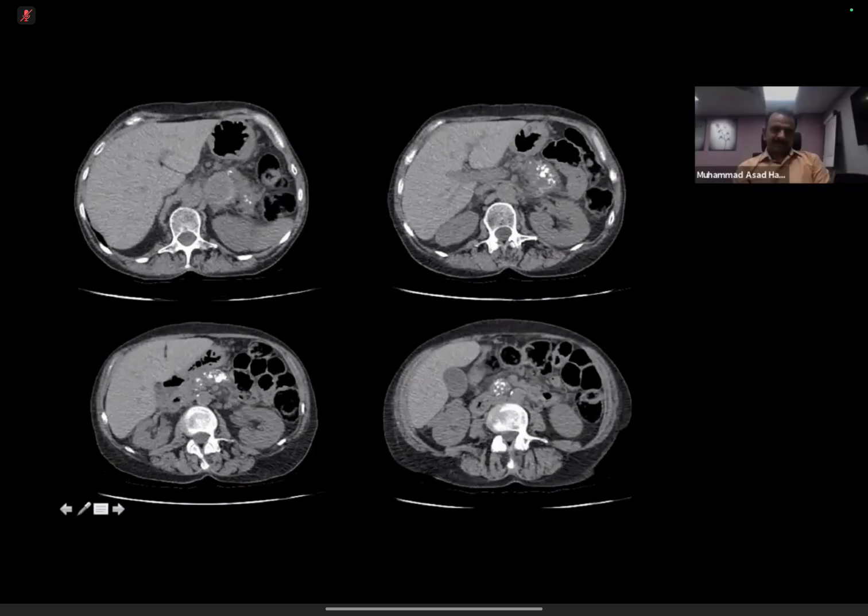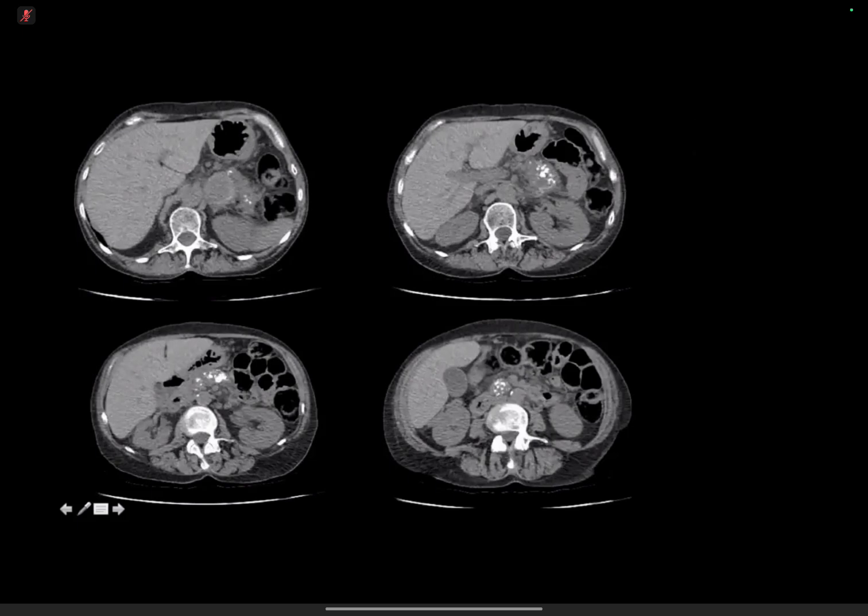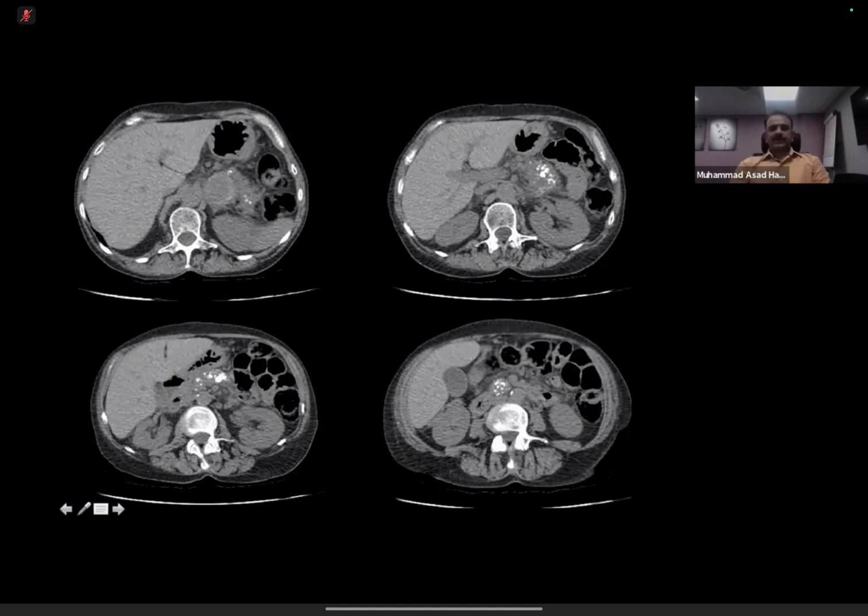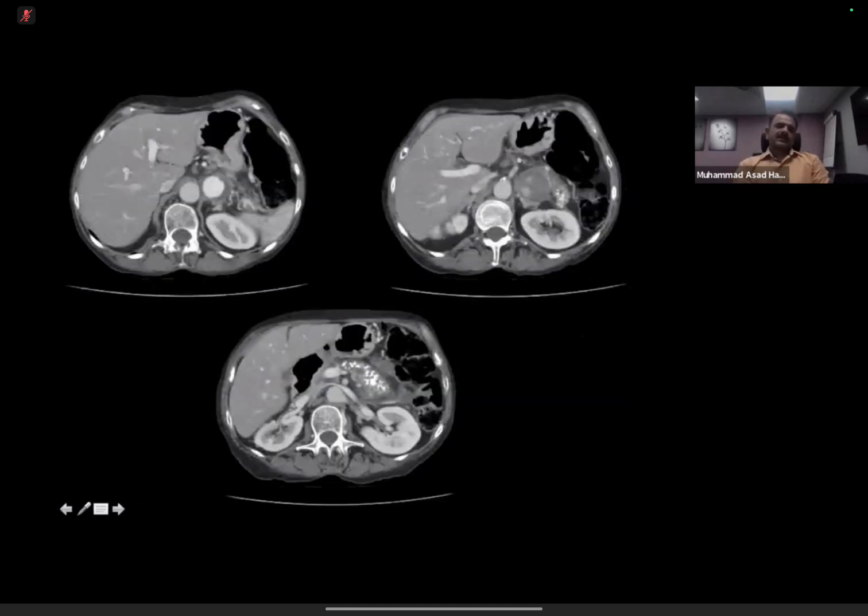Good. Okay, I think this might be one of the complications of recurrent pancreatitis, a splenic artery aneurysm. Very well done. Okay, so there is the post-contrast CT angio, which is demonstrating that splenic artery aneurysm.